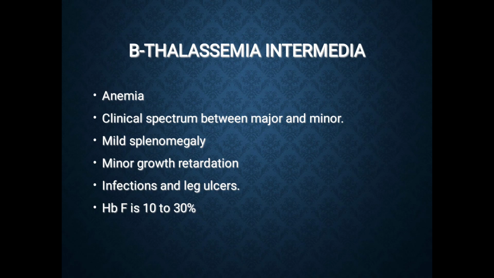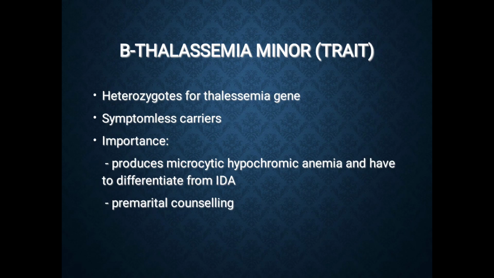Coming to beta thalassemia intermedia, this is normally a less severe form compared to the major. They'll have mild splenomegaly, minor growth retardation, infection and leg ulcers. In electrophoresis, they'll have HbF of 10 to 30%. Coming to minor, a very less severe form, they are heterozygous states, and they'll commonly have a microcytic hypochromic blood picture.